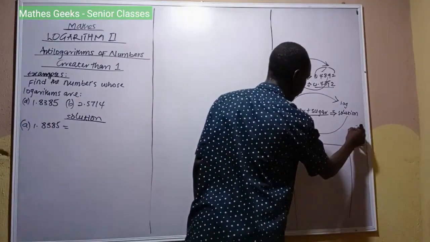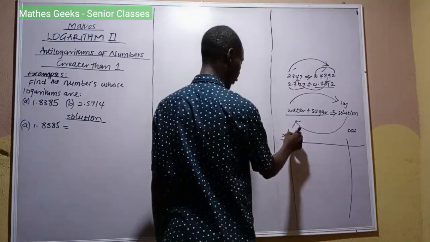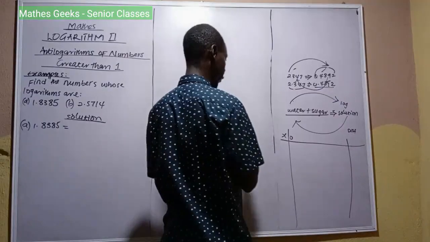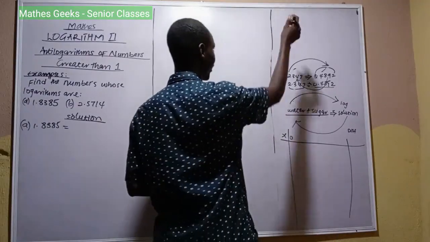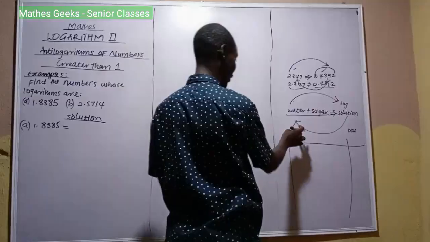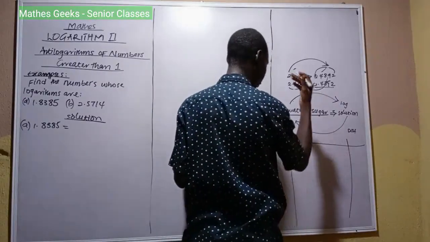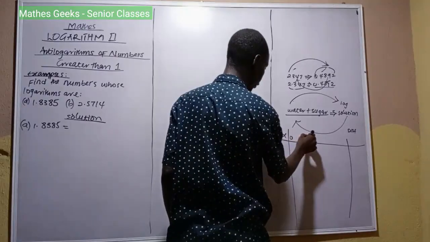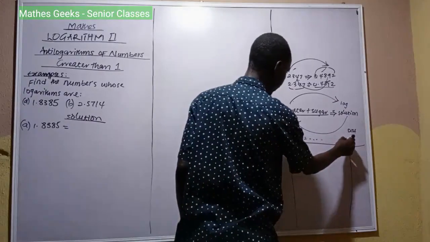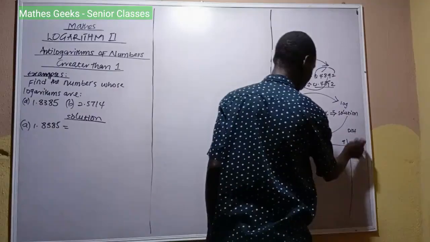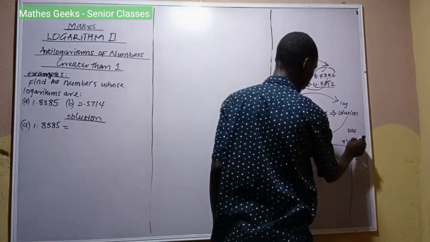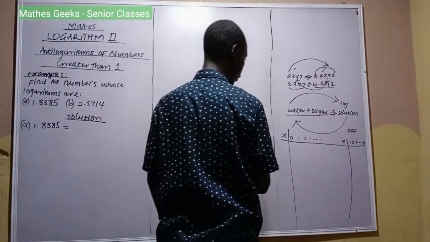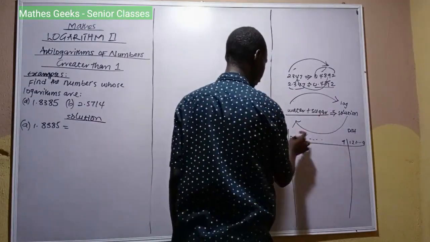I think I made a mistake: in the logarithm table, it also starts from 0 to 9, not from 1 to 9. So the anti-log table also starts from 0, 1, 2, all the way to 9, but the difference column starts from 1, 2, 3, all the way to 9. Same thing with the log table.